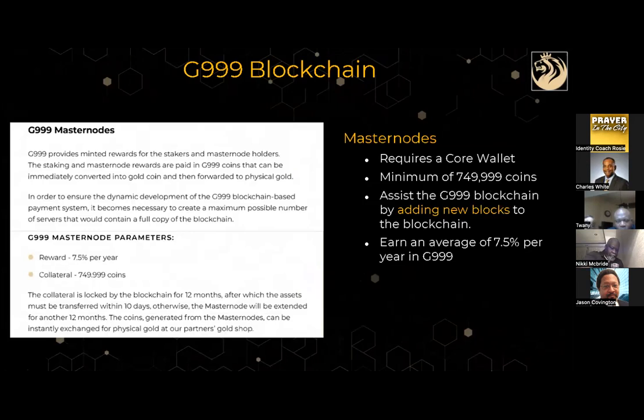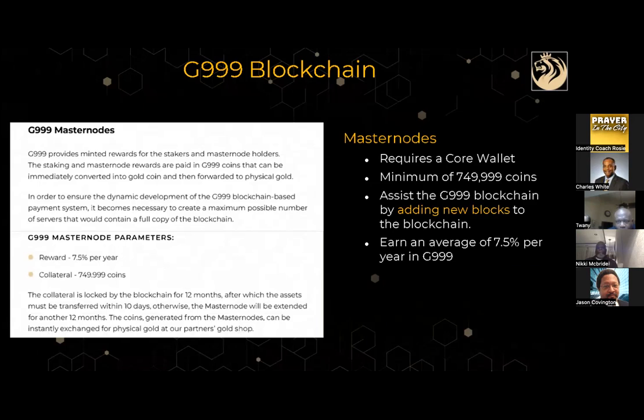Okay. So the masternode requires a Core Wallet as well. Unlike a staking wallet, this one requires 749,999 G999 coins. You can assist the G999 blockchain by adding new blocks. That's what masternodes do for our blockchain.